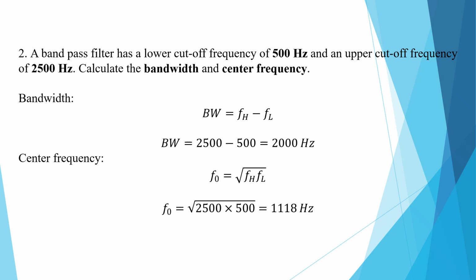So from the given upper and lower cutoff frequencies, we can get the bandwidth as 2000 Hz. And the center frequency is given as FO is equal to root of fH into fL. By substituting the values of fH and fL, we can get the center frequency as 1118 Hz.